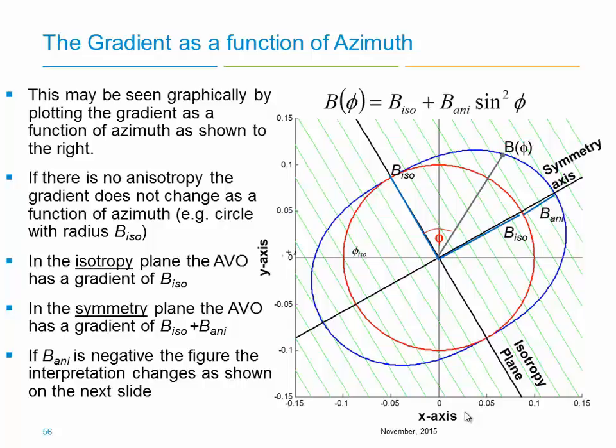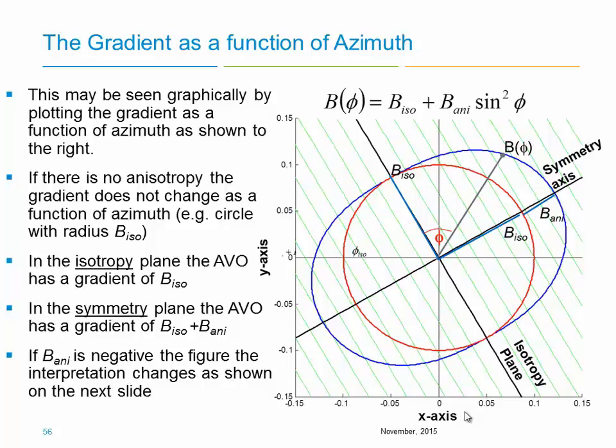So the next thing I wanted to talk about was the symmetry axis ambiguity. The first thing I'll talk about is what gives rise to that symmetry axis ambiguity. Remember that our gradient now varies as a function of azimuth. If the material was isotropic, the gradient would be a circle. It would be azimuthally invariant.